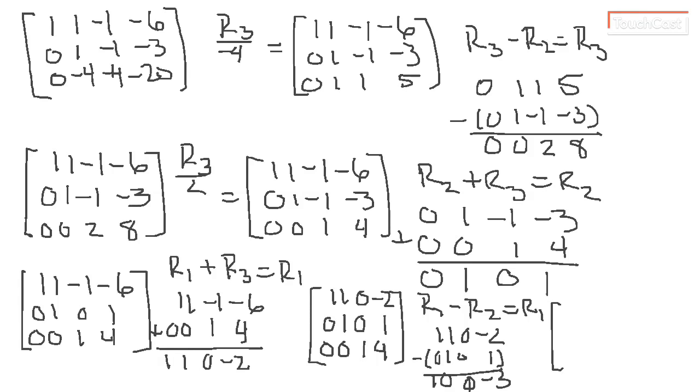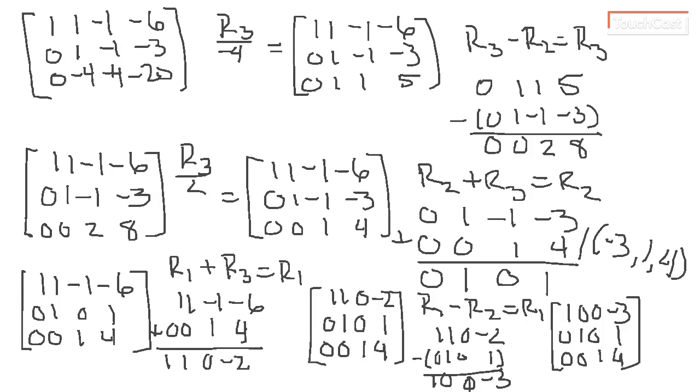It should be 1, 0, 0, negative 3. It's going to be 1, 0, 0, negative 3 for our first row, 0, 1, 0, 1, and 0, 0, 1, 4, which means our solution, we're done with this now. Our solution is going to be the ordered triple, negative 3, 1, 4.